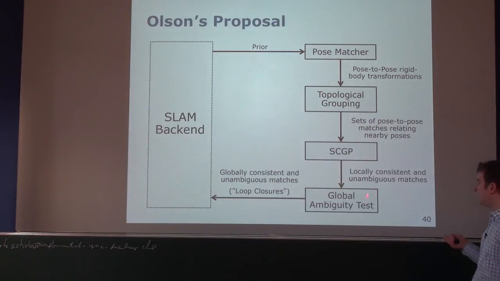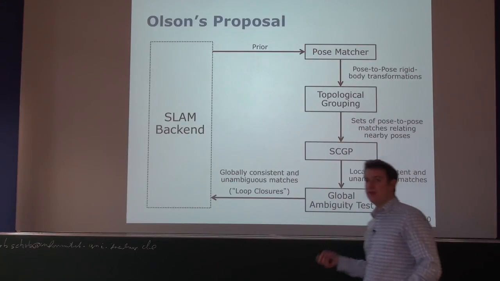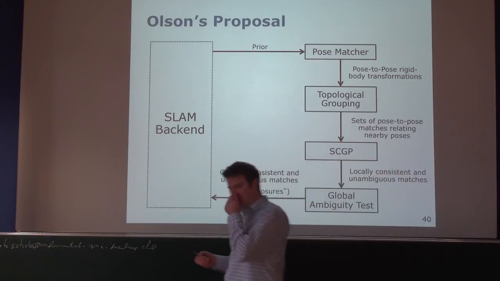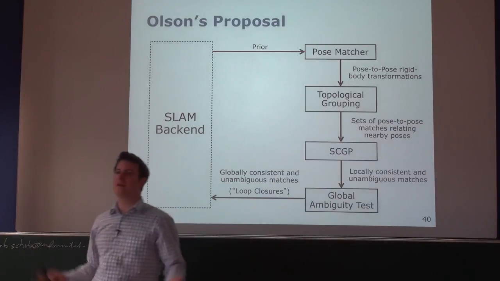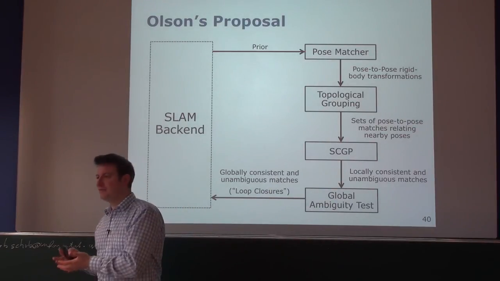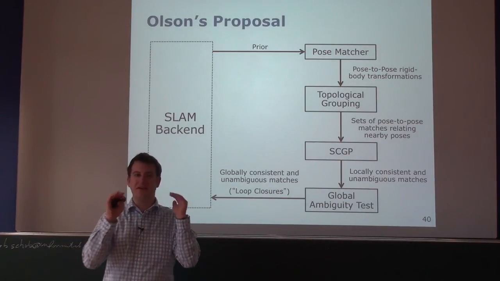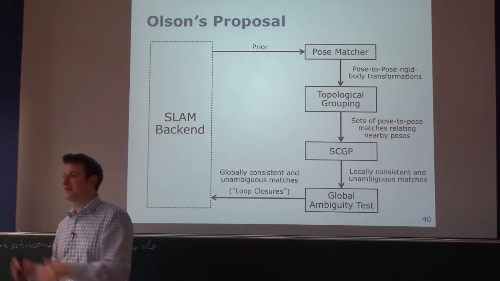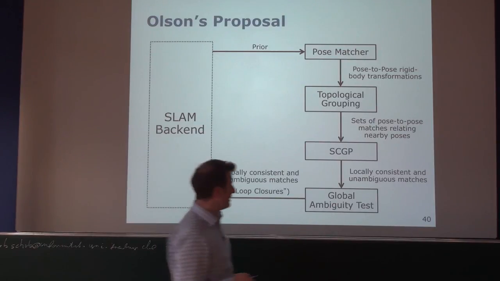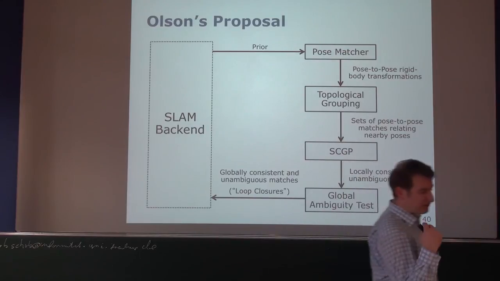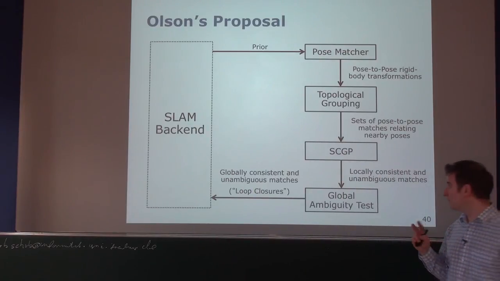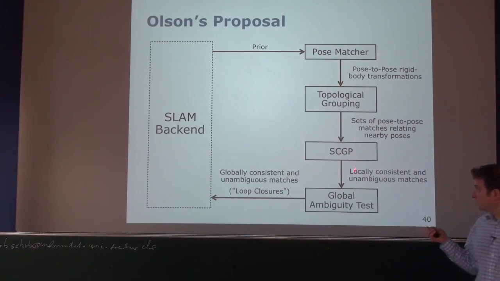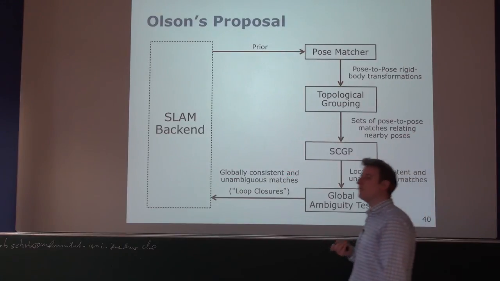And the second thing is, once I've eliminated that, I do a global ambiguity test, which is much simpler. It basically takes into account the area that I know, given the uncertainty ellipse that I have, and whether there is another local area of what I've seen which would fit in there and still would allow for a match. By doing these two tests, we can eliminate a very, very large number of false positive constraints.